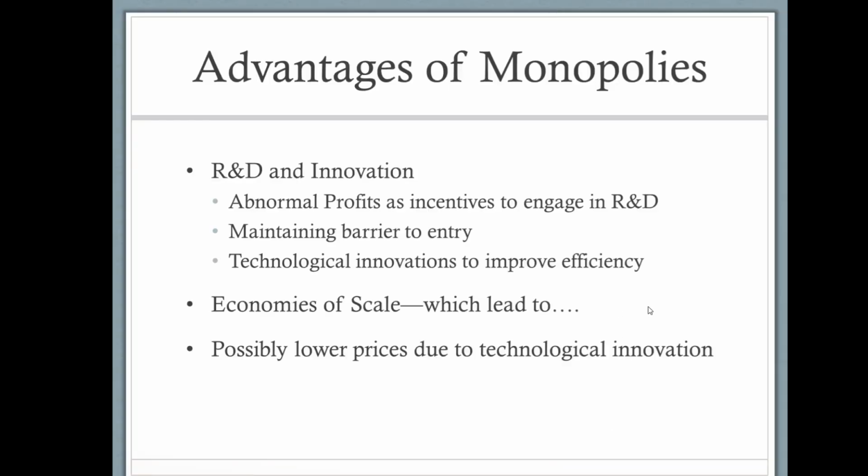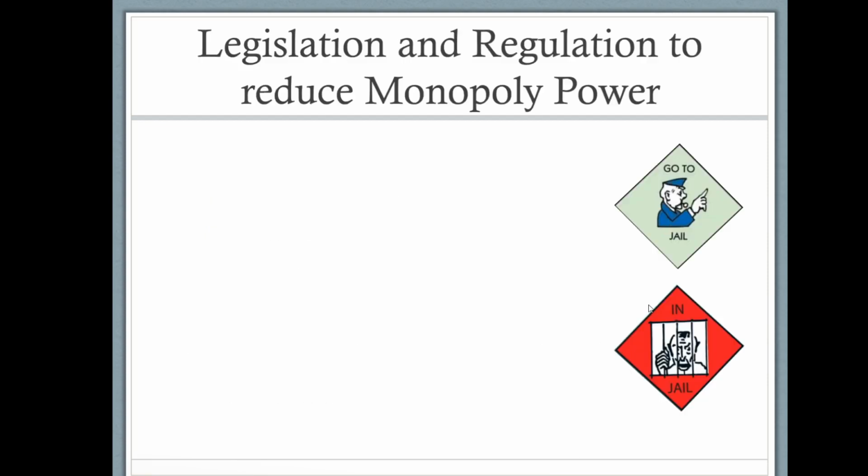Most of the time, monopoly is going to be bad, so as a government, we do need to regulate those companies. Here are just some examples of how governments are going to regulate those monopolies.